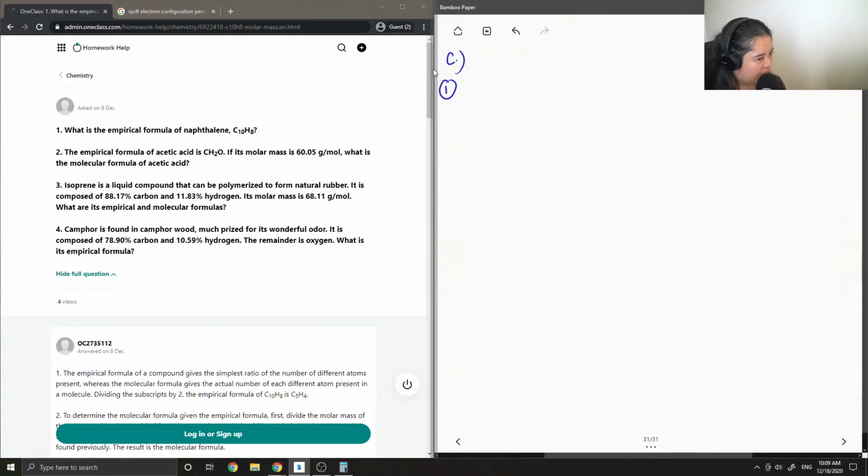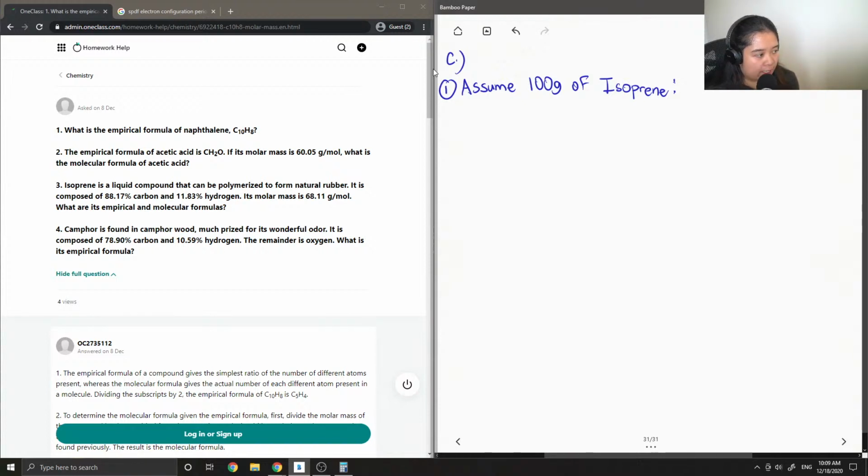So step 1: since they give us the percent composition of the sample, the first thing I like to do is assume we have 100 grams of a sample of isoprene. This makes it easy for us to convert from percentages to grams.